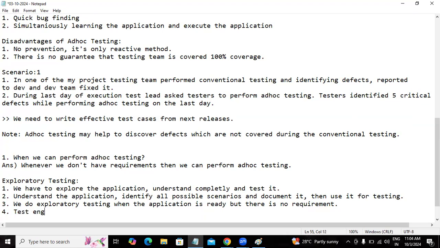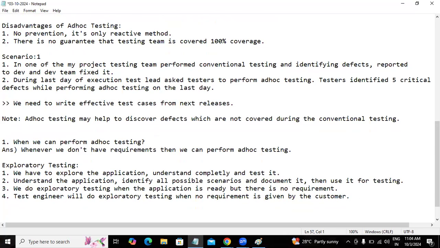The test engineer will do exploratory testing when no requirement is given by the customer. And now, the drawbacks of exploratory testing.